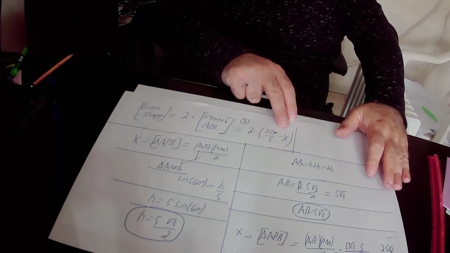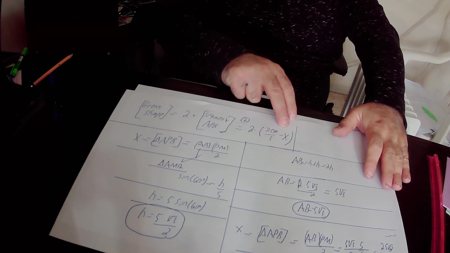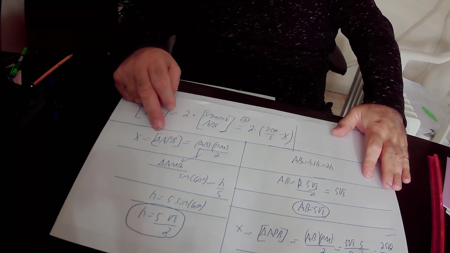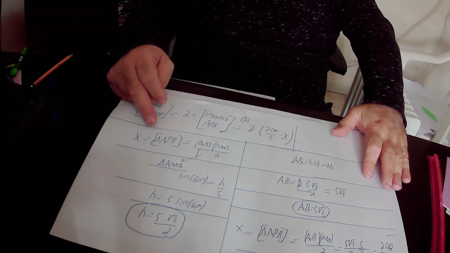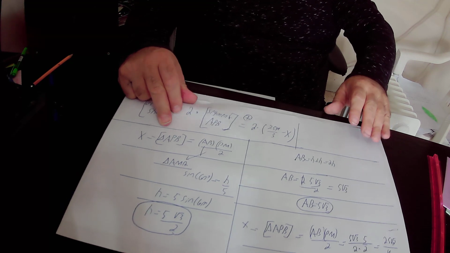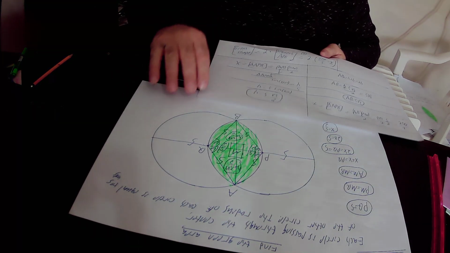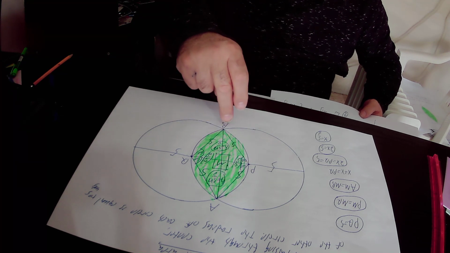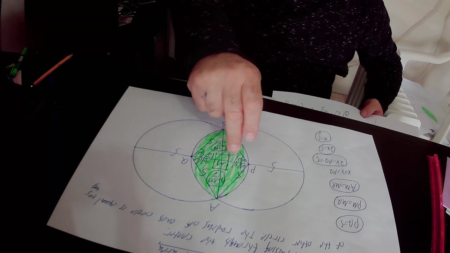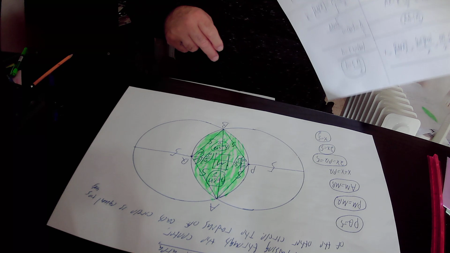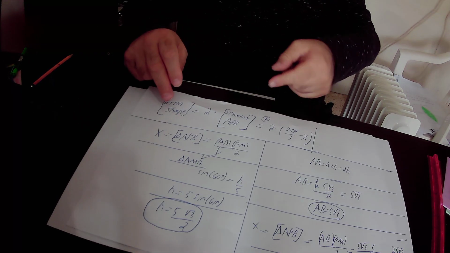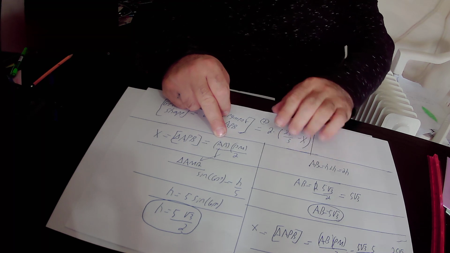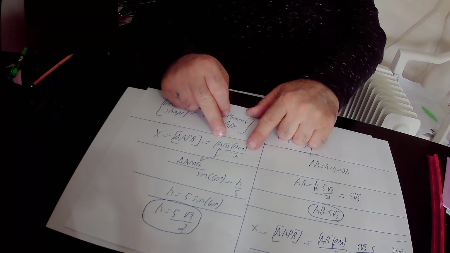And x is defined as the area of triangle APB, which equals the base of the triangle, AB, times the height to the base, PM, over 2.